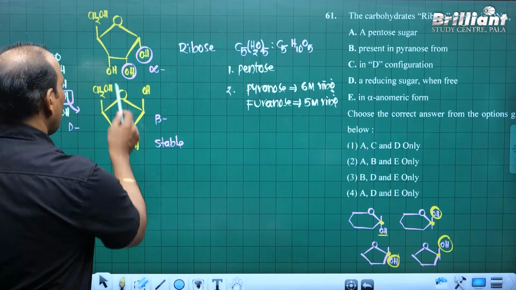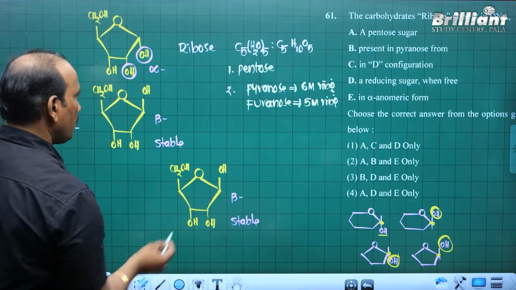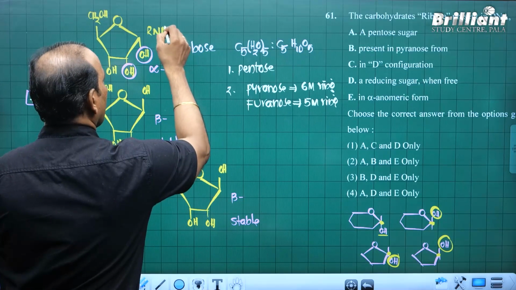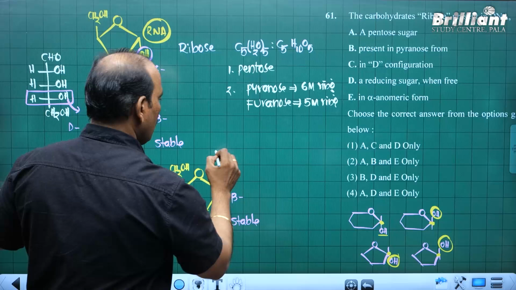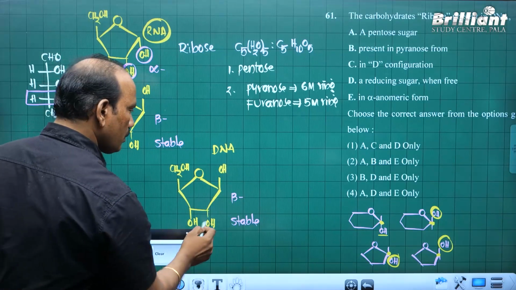Now, this is ribose, in RNA. This is deoxyribose, in DNA. Here oxygen is not there.